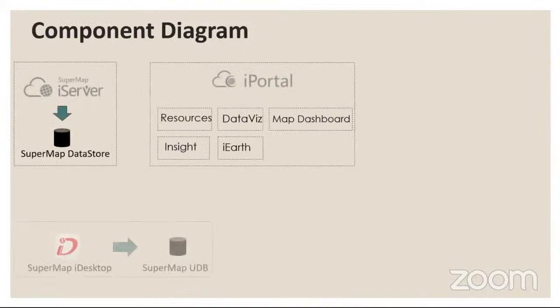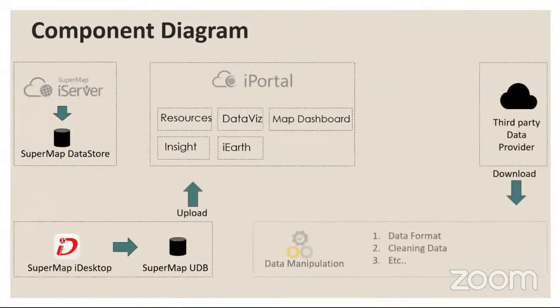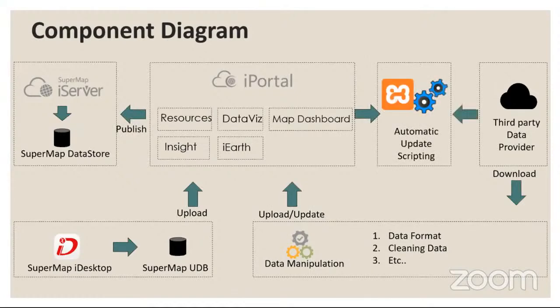This is the diagram for the SuperMap products, showing the relationship of all the products. We have SuperMap iDesktop, whose data later will be uploaded and published. If you want to focus on iPortal and iServer, under iPortal we have built-in map dashboard, data insights, and resources.